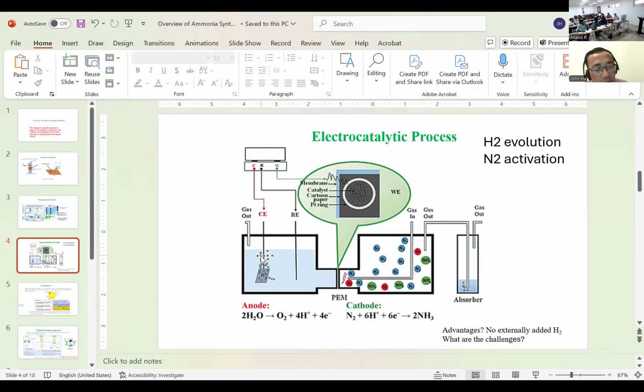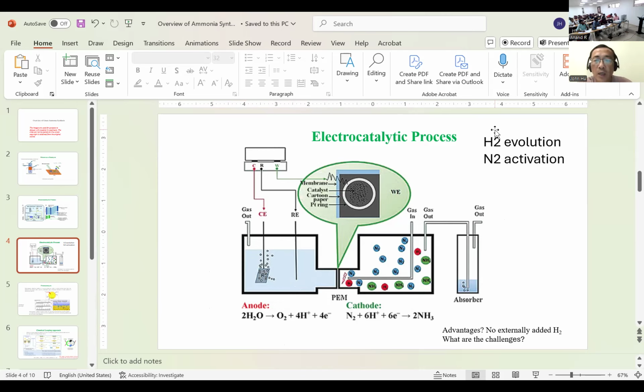The tendency is that they come out as H2. If you look at the potential, it's so easy for hydrogen to evolve as H2 rather than going through this side to meet with the nitrogen. Hydrogen in water doesn't like it, because the moment you break it, they say, okay, I want to come out as H2 rather than hydrogen.